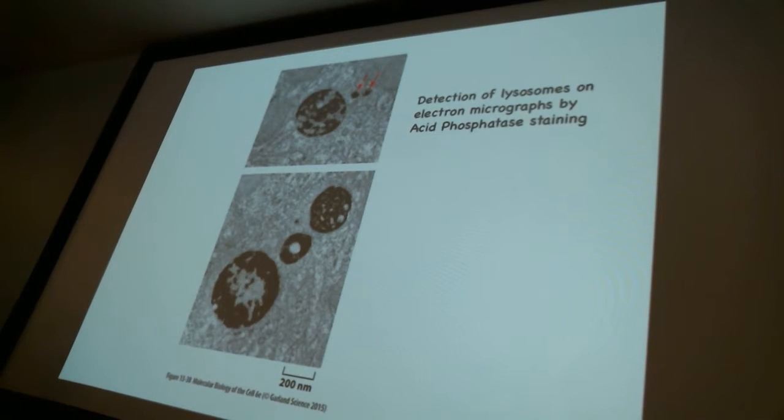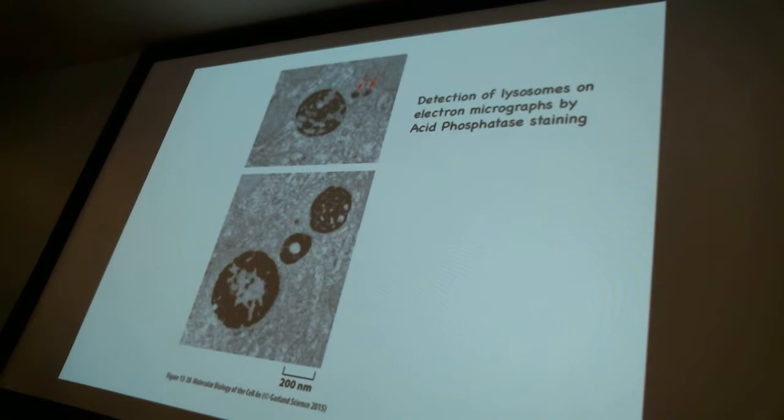So on electron microscopy, again, the story of lysosomes has a long history going back to the time in which Claude, de Duve, and Palade, the three who got the Nobel Prize for membrane traffic, already knew that these organelles that they called lysosomes had acidic hydrolases, because they developed very clever mechanisms.